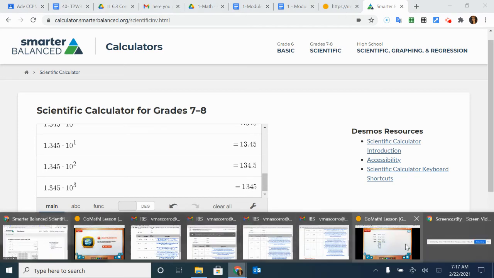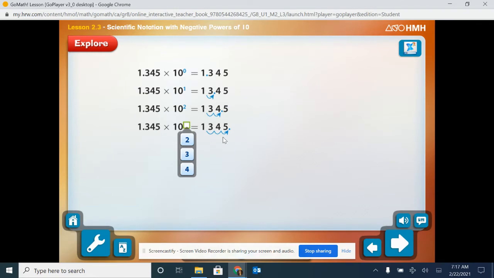So it moved 1, 2, 3 places. Another way is to look at the pattern, 0, 1, 2, 3. So always look for at least 2 different ways, okay? That's right. 1 and 345 thousandths times 10 to the third power equals 1,345.